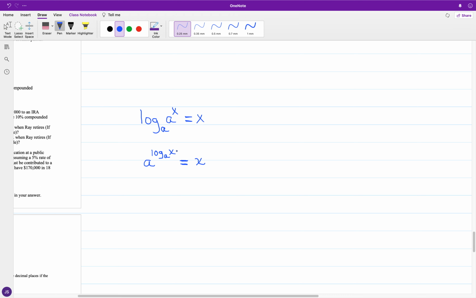From the get-go, we've used the first property quite a bit for exponential equations, and this property is going to enter the scene quite a bit in terms of logarithmic equations.